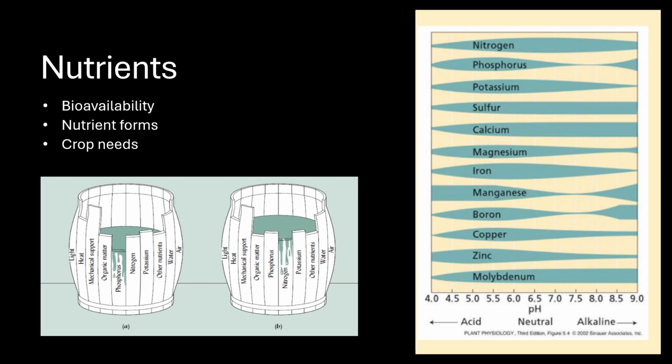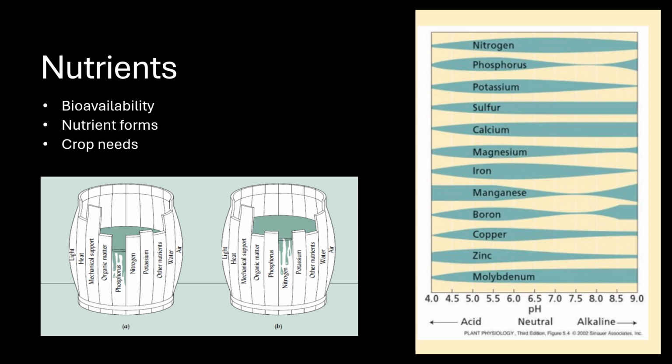One is bioavailability to the plants that you're growing. Nutrients have different chemical forms that they can take in the soil. Some of those chemical forms are more water soluble and some are less. Some are more available to plants and some are less. A big factor influencing that is pH.